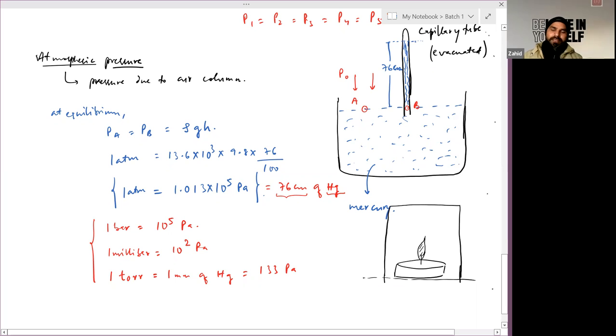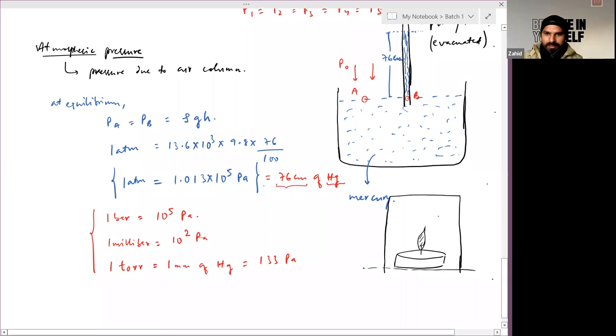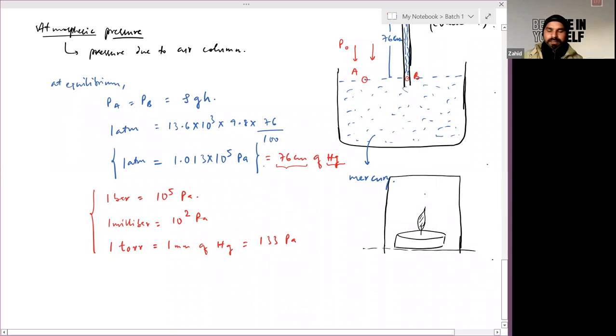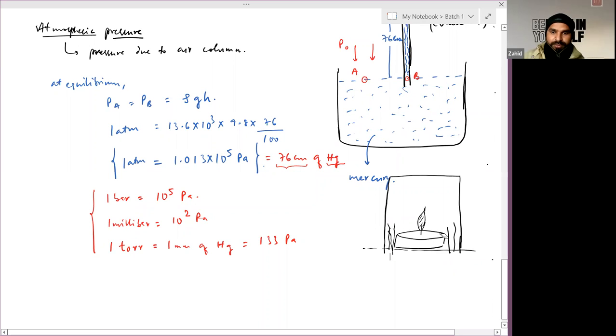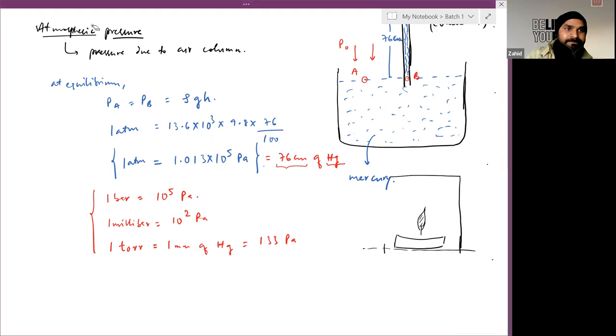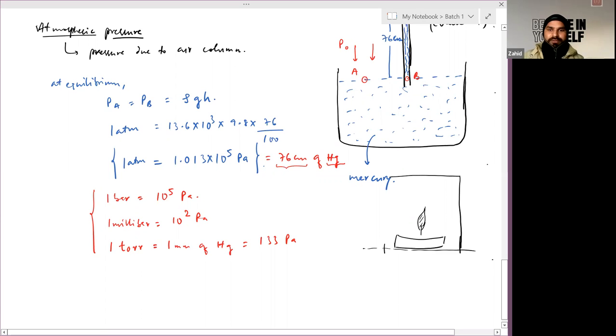When all the oxygen burns out due to the flame, it will stop burning, and the pressure inside will decrease, due to which there will be a rise in the level of liquid. You may do this at your home if you want to. I'm not forcing you, and it's at your own risk.